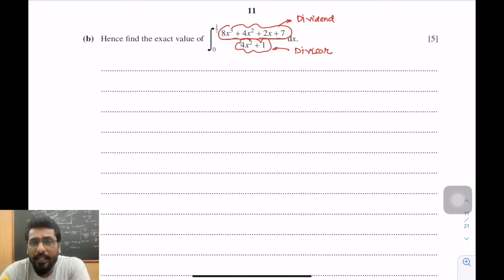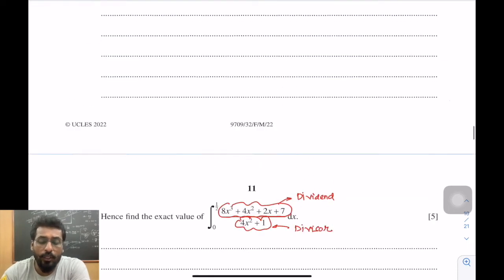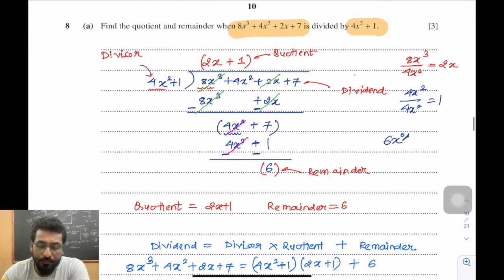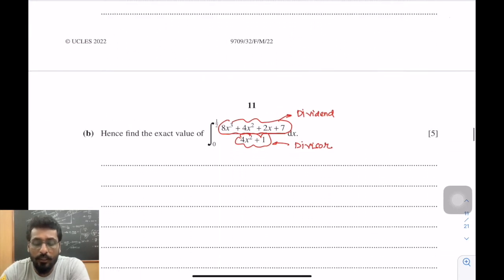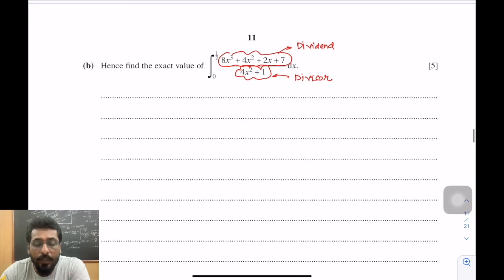So if you divide, you're not going to get the answer as 6. 6 was a remainder. You are also not going to get the answer as 2x plus 1, right? 2x plus 1, that's a quotient. So remember this thing very thoroughly, that division over here is not a complete division. So the answer is not going to be either of the two, 6 or 2x plus 1.